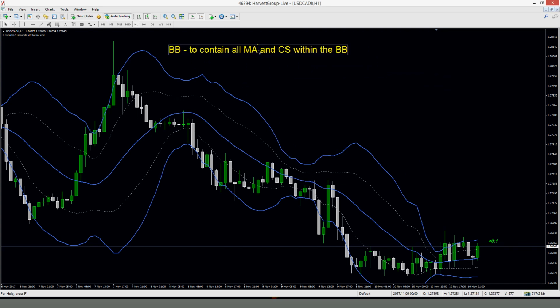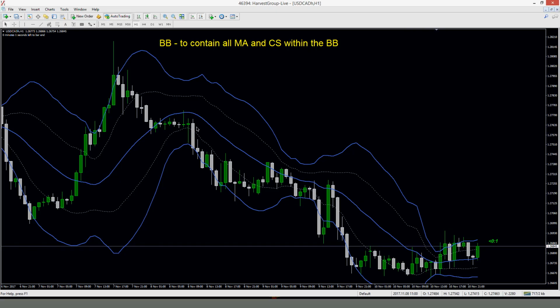So this is the main function of the Bollinger Band. So we must understand exactly what this means. We must understand that the Bollinger Band's main function is to contain all moving averages and candlesticks within the Bollinger Band. Anything that is outside the Bollinger Band is abnormal. Okay, so there should be an explanation why things are outside the Bollinger Band. So when it does, we need to understand why it's doing that.